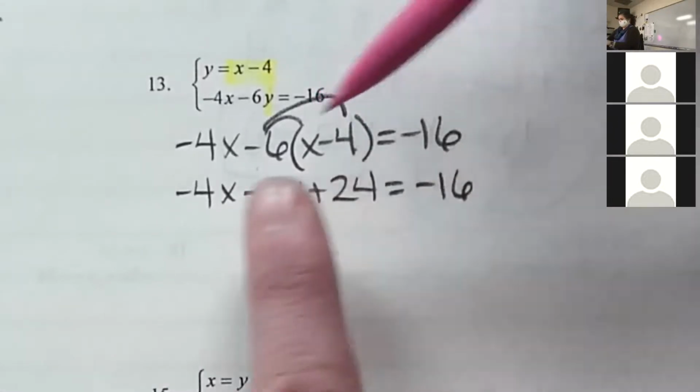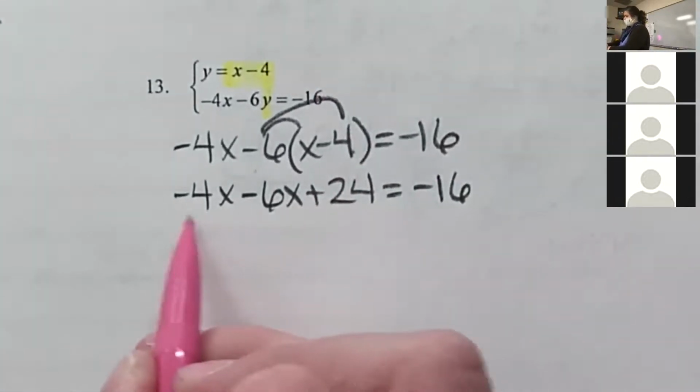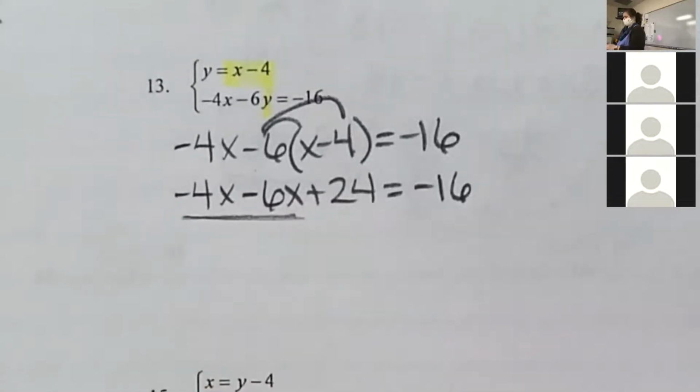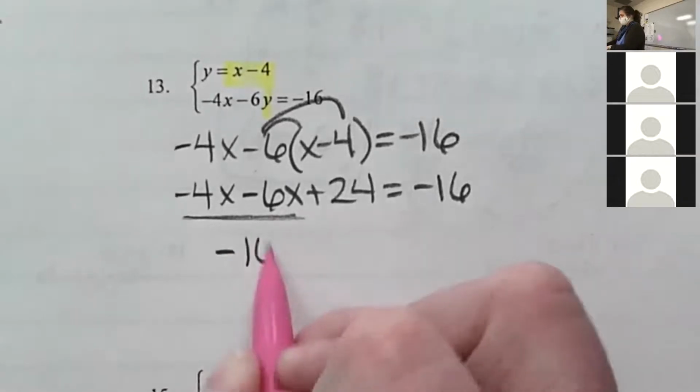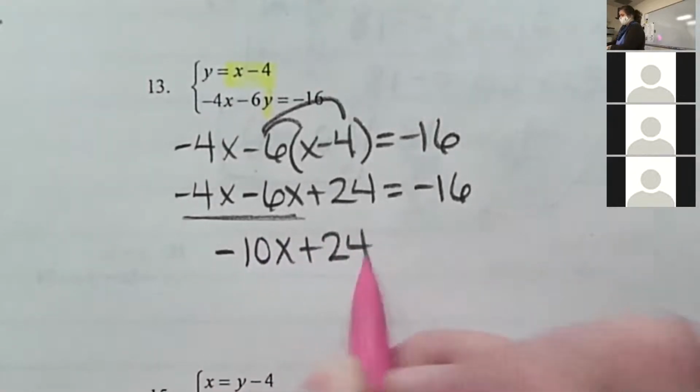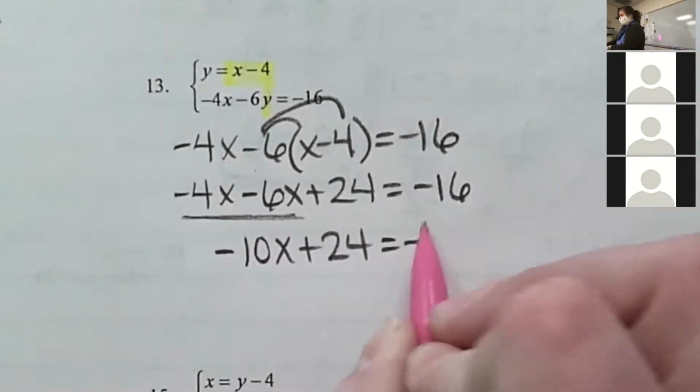Well, I would add like terms before I do anything else. And that's on the same side of the equation, so you're just combining those like terms. What's a negative 4x minus another 6x? Negative 10. So I have negative 10x plus 24 equals negative 16.